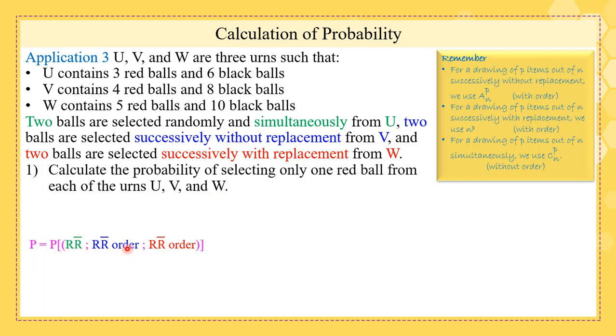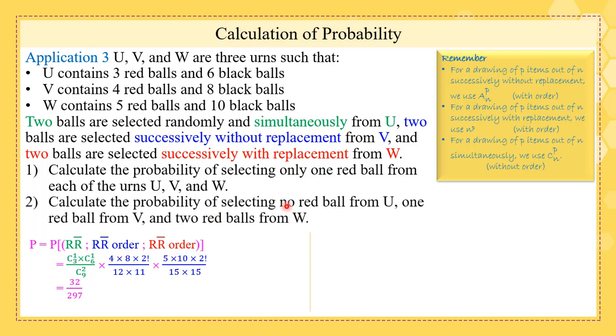We're going to have an order in the second and third cases because these are successive drawings. Well, this is a combination 1 out of 3, 1 out of 6. For the second case, we have an arrangement which is 4 times 8 times 2 factorial, and for the third case, we have 5 times 10. And don't forget the order.